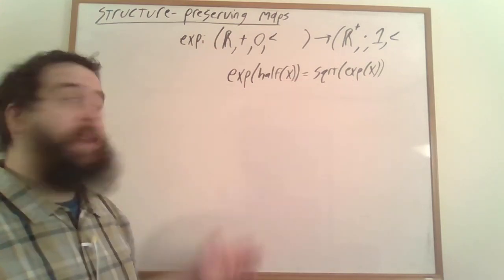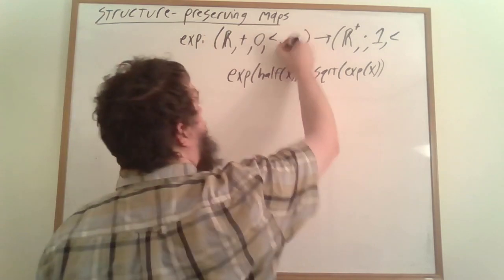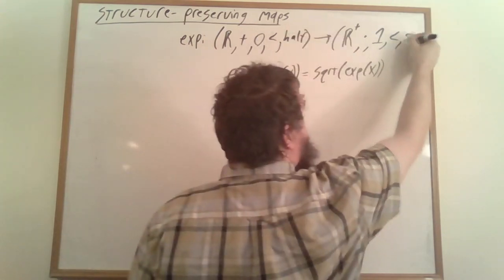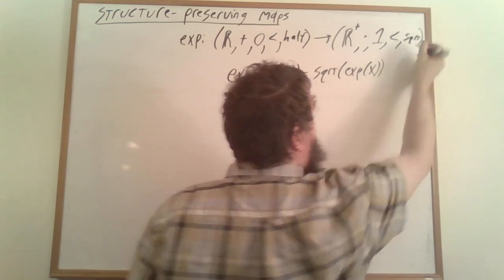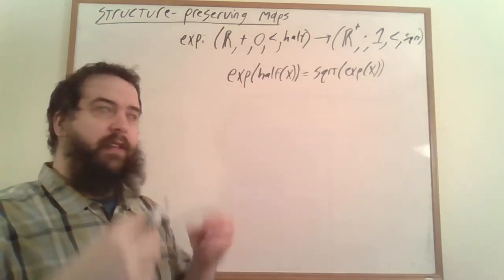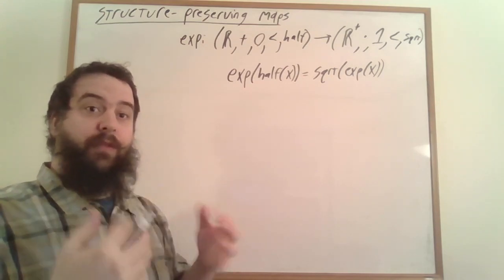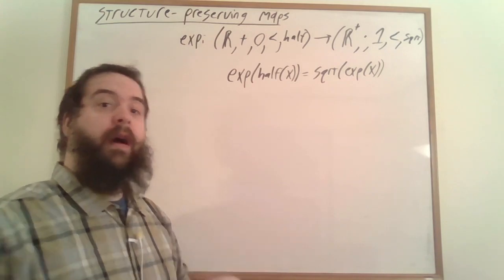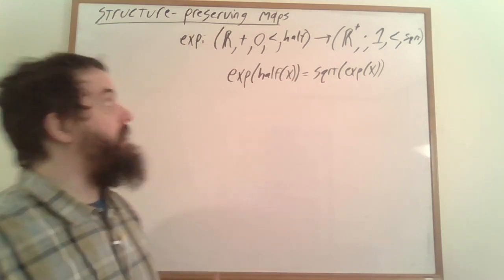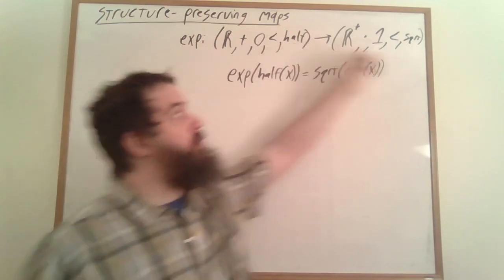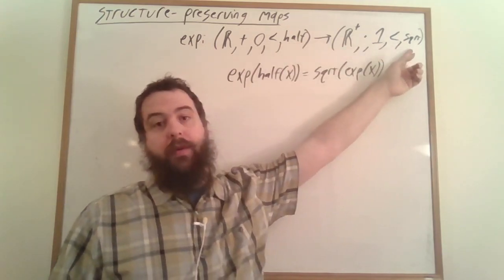So if we add in half as an operation here, and square root as an operation here, and we view these two operations as different instances of the same sort of thing, then that thing is being preserved by this map. Another way that we say this is that the exponential function takes the half operation to the square root operation.